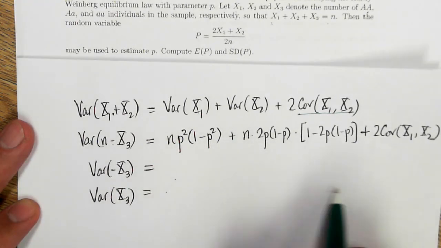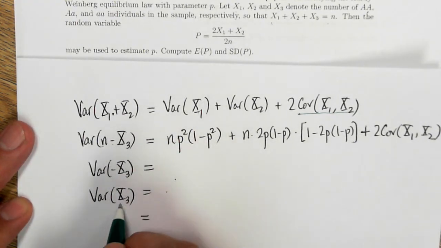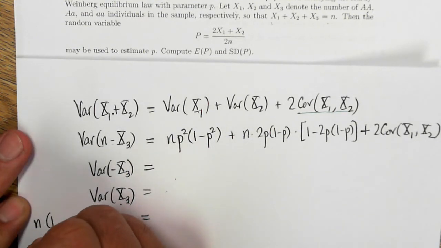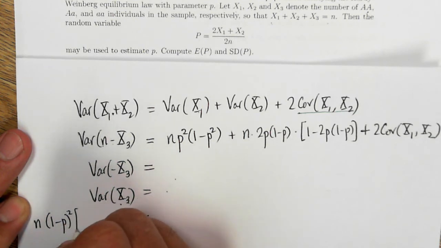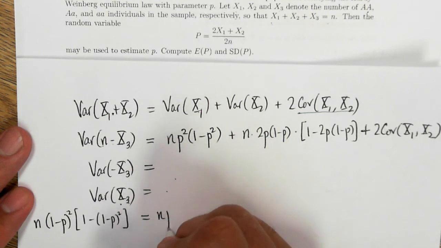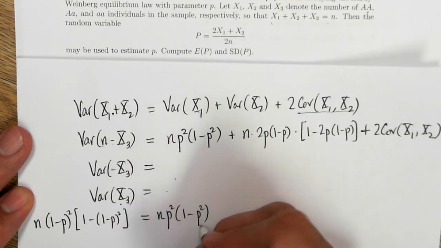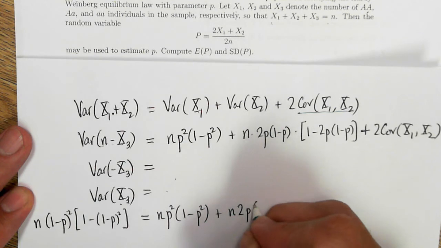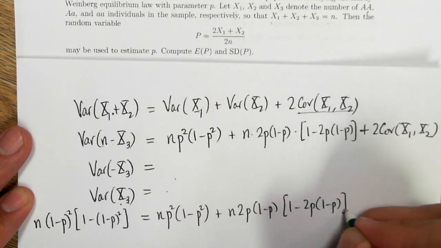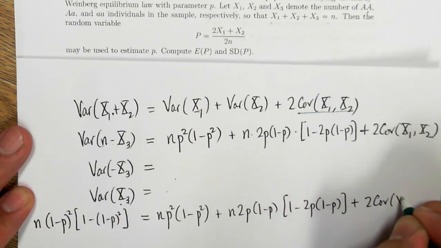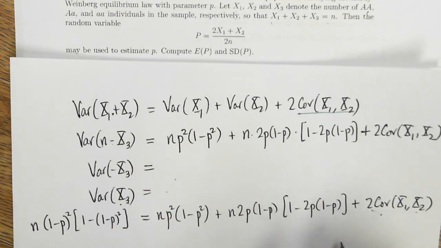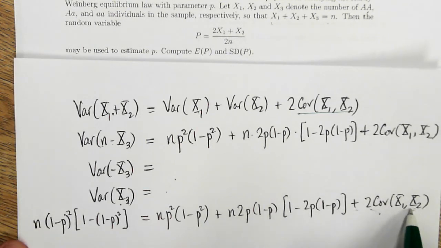And that's equal to this right-hand side. Now the variance of x3, that is also binomial. And so the variance will be n times its probability of success times 1 minus the probability of success. And so finally, I've got this big mess on the right-hand side where the only thing that's not known is the covariance of x1 and x2. And so I can solve for this.